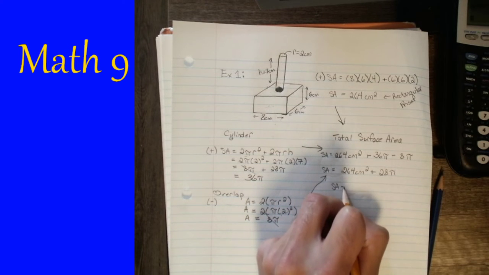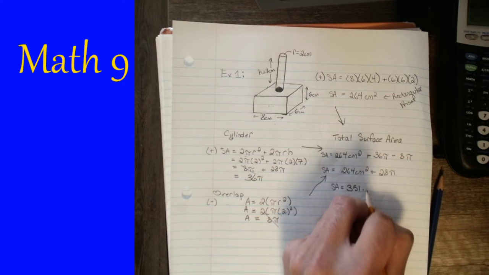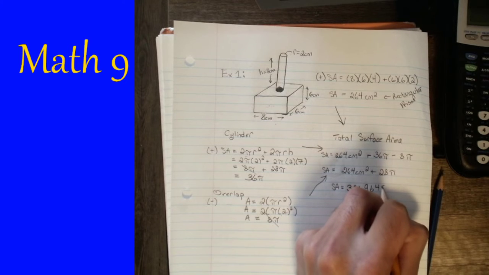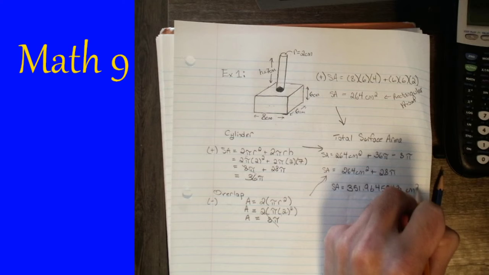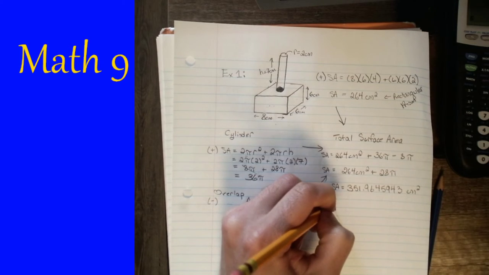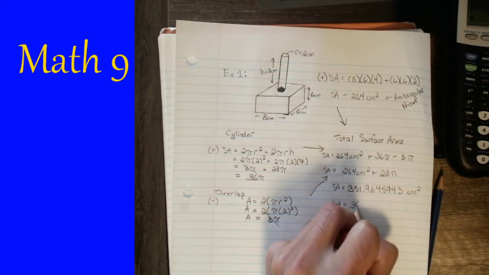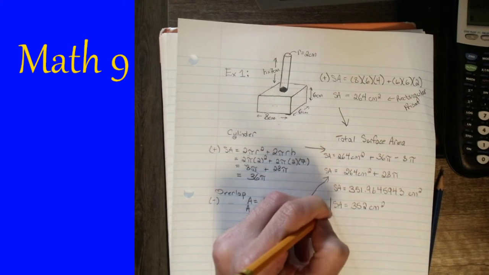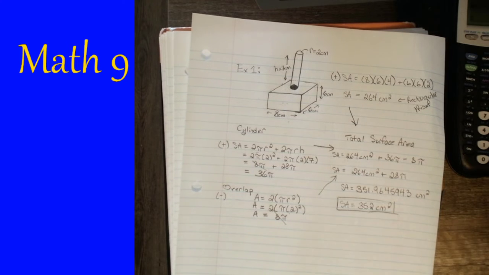And then that equaled out to be 351.96459443 centimeters squared. And so what we'll do for all of our practice is round to the nearest whole number. And that will be my answer, 352 centimeters squared.